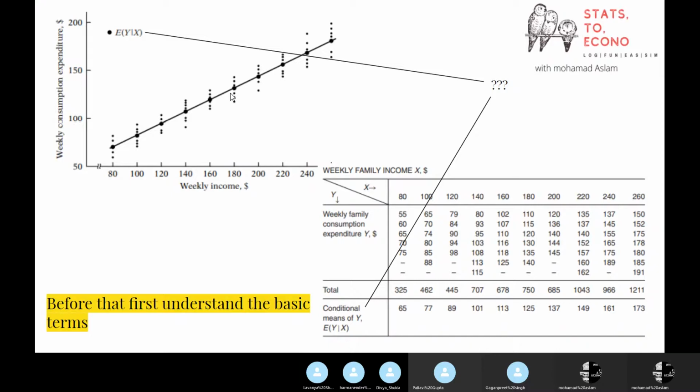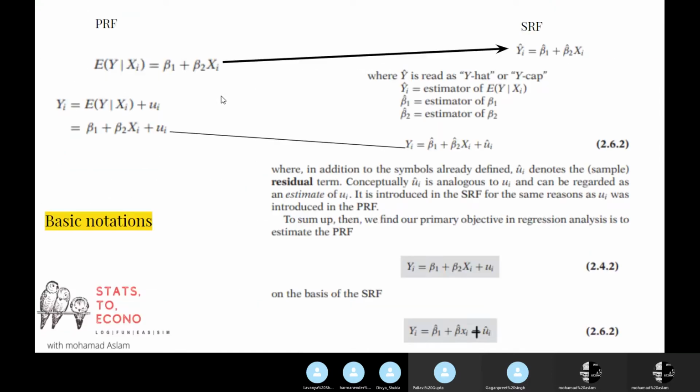If we put in those parameters and multiply the x values with the slope coefficient, we get the expected value of y. This is the population regression function. But generally we don't have population data or the liberty to work with it, so most of the time we work with sample data.